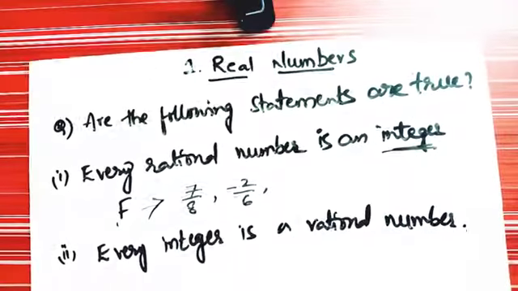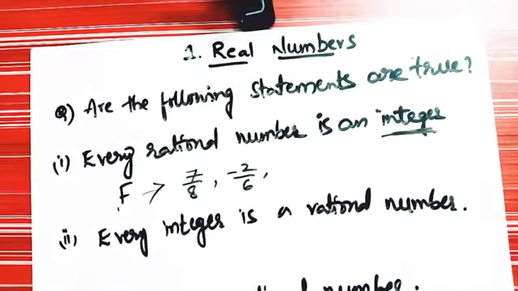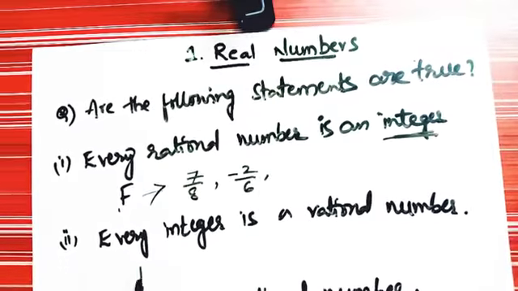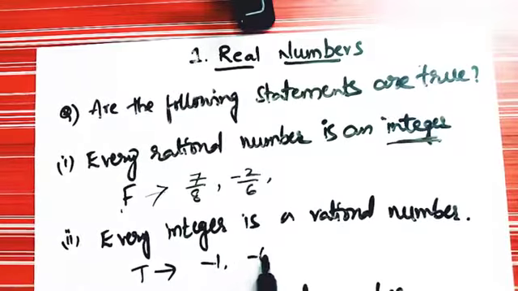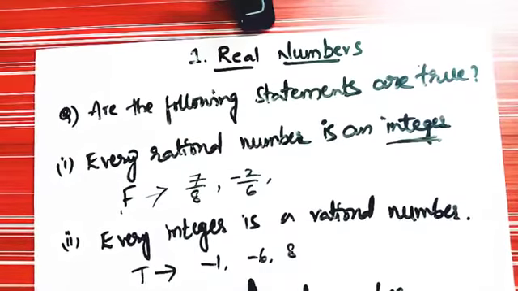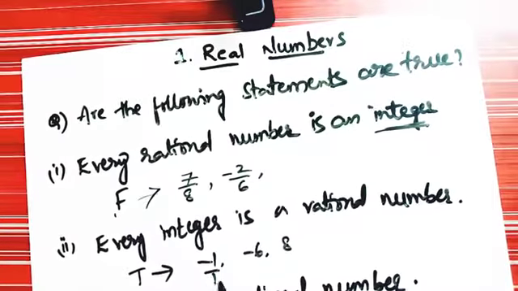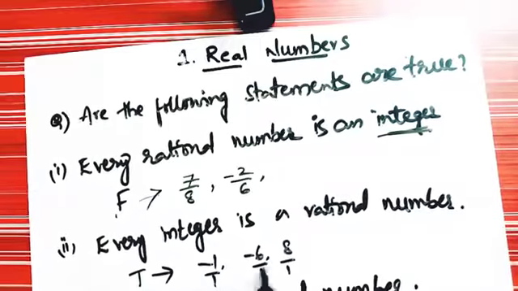They are in the form of p by q, but the integer set contains only positive numbers, negative numbers and 0. The next statement: every integer is a rational number. Yes, it is true, because if I take minus 1, minus 6, 8, these all are integers, and we can write them as minus 1 by 1, minus 6 by 1, 8 by 1, which is in the form of p by q.